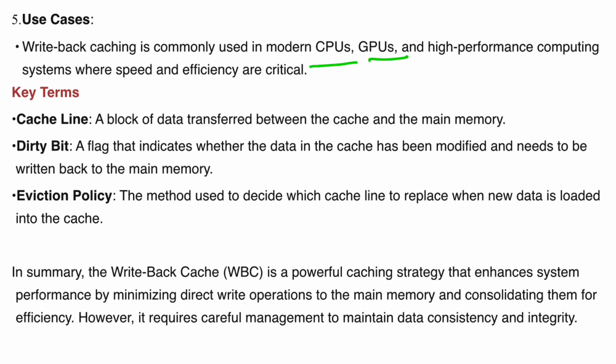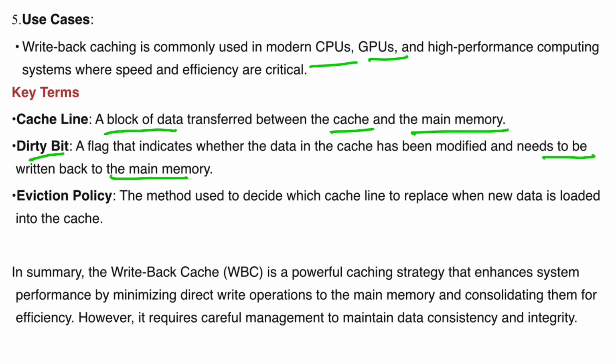Some terms were there. Cache line, already studied in computer architecture. This is a block of data transferred between the cache and the main memory. And dirty bit: a dirty bit is a flag which indicates whether the data present inside the cache has been modified or not, and needs to be written back to the main memory.